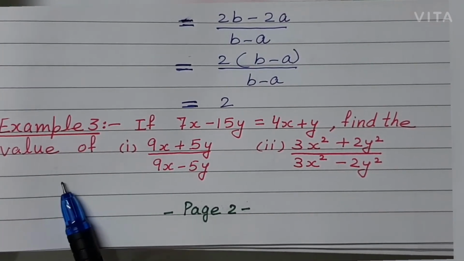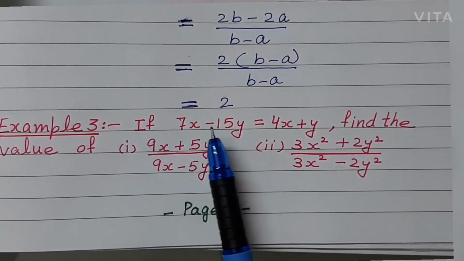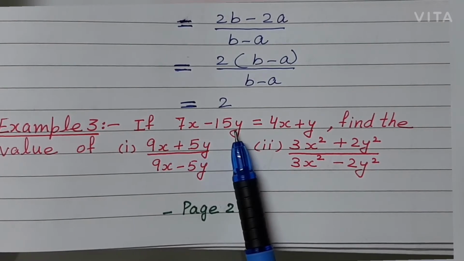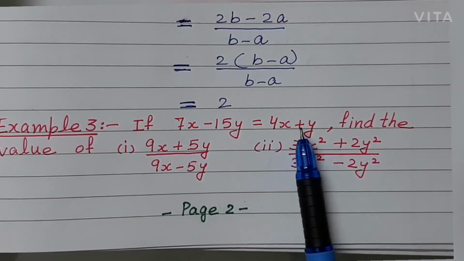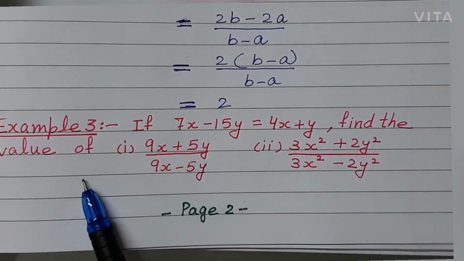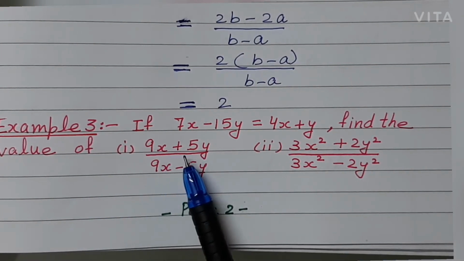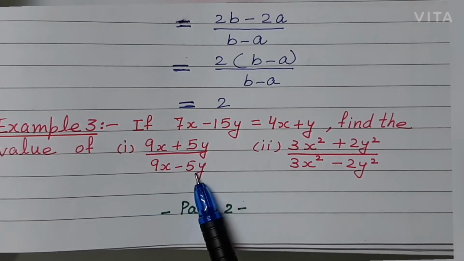Now the next example is example number 3. If 7x minus 15y is equal to 4x plus y, then find the value of (9x plus 5y) upon (9x minus 5y).